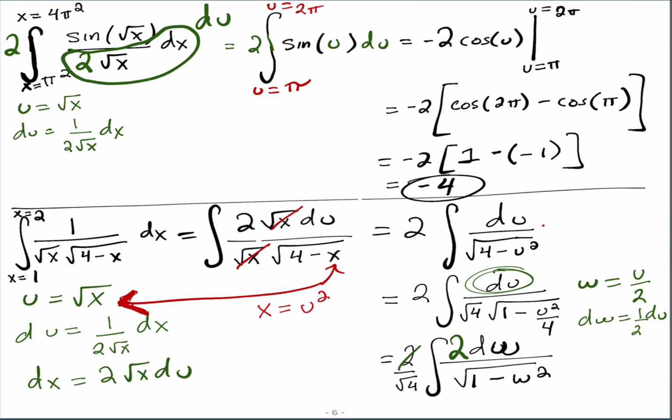Right? So notice here, these 2's cancel, right? So then you end up with 2 arc sine of W, which is fine, I guess. But then what about the limits of integration?